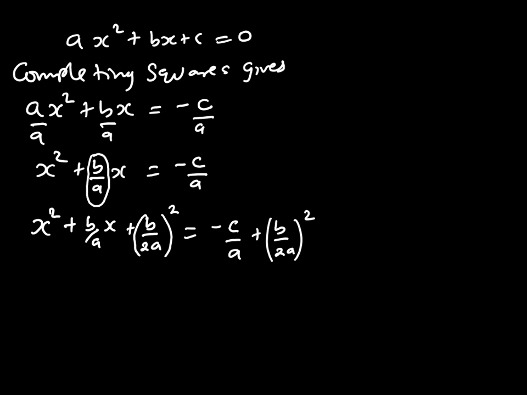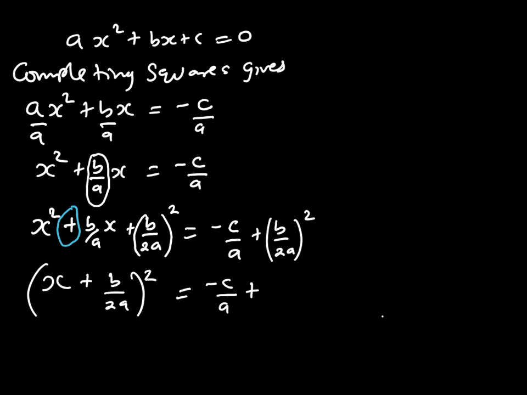Okay, so we said the left-hand side, always don't bother squaring. It is always going to be x plus, okay, this side is preserved, so it is plus b over 2a, this is squared, equals negative c over a, then plus, let's square the other side, we have b squared over 4a squared.